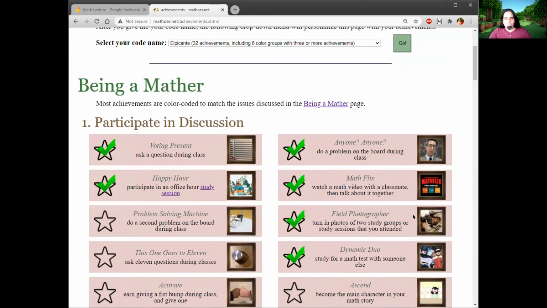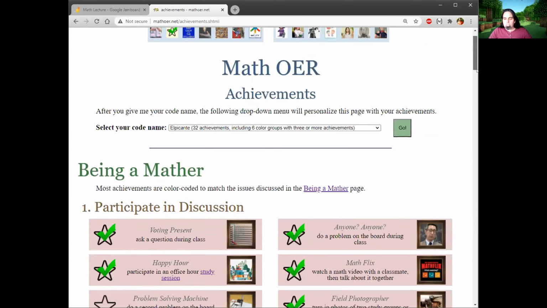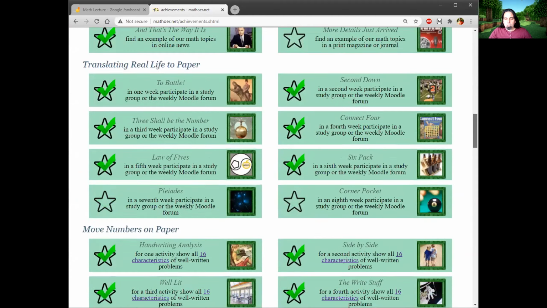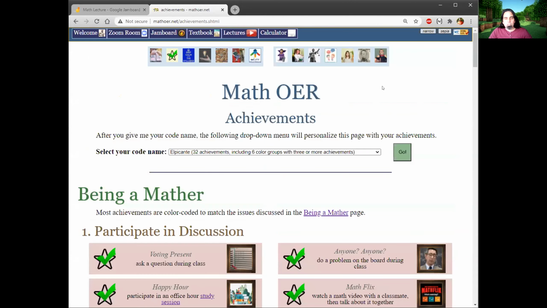So that's a lot of what this is to do, to make sure that you get that recognition. If you don't want to participate in the achievements, then you don't have to. But once you start checking these off, you'll see how fast they happen, and most people get excited about it. In a normal in-person term, I would print out a bunch of paper copies of this and bring little sticker stars to class, because there were always people that liked putting the sticker stars on their physical copy.